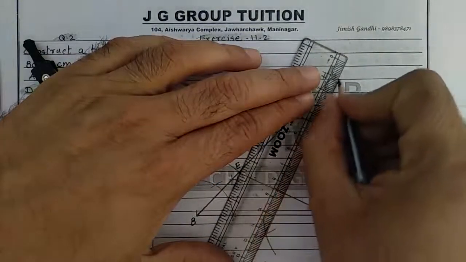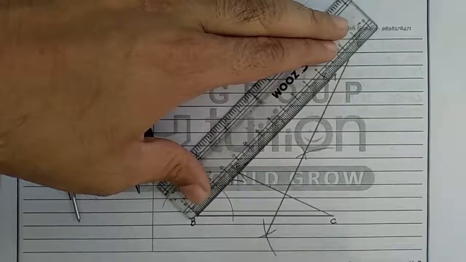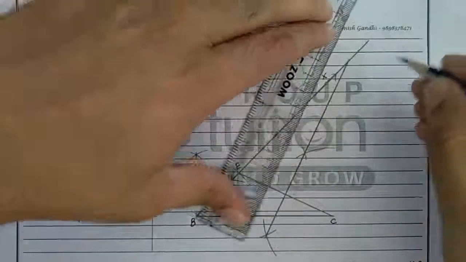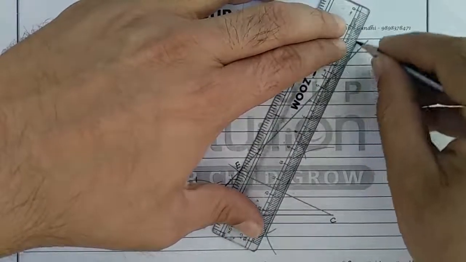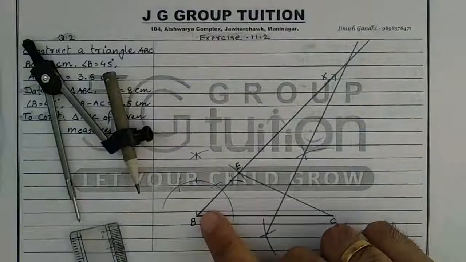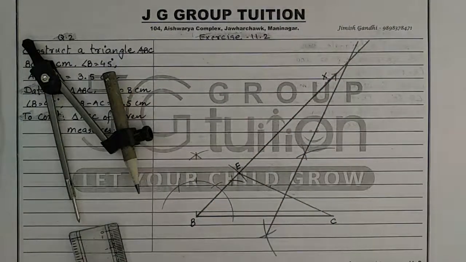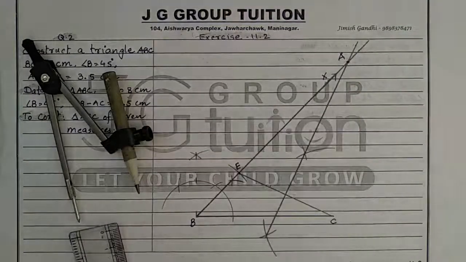Students, remember this perpendicular bisector should intersect the ray BX, so I need to extend this. The perpendicular bisector and the ray BX intersect here. This intersecting point is point A.